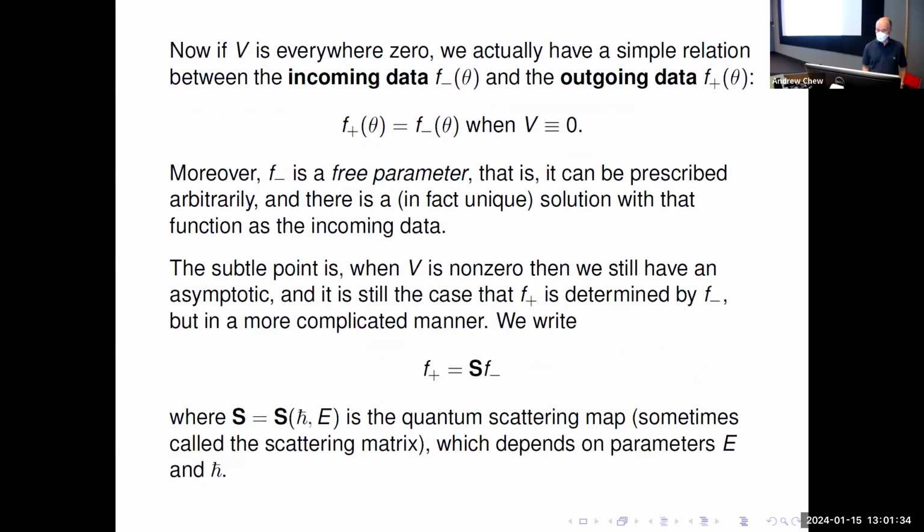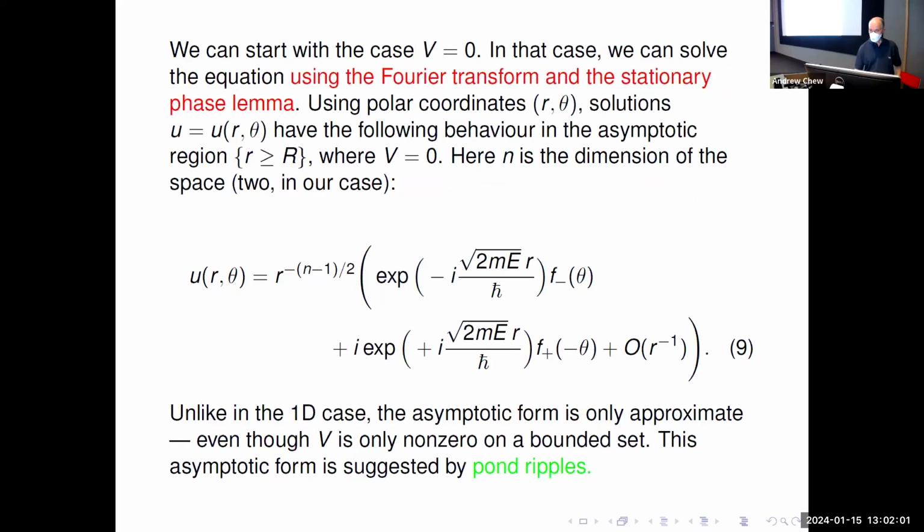And in fact, we have something called the quantum scattering map, or sometimes called the scattering matrix, which by definition is the map that takes F minus and tells us F plus. So supposing we have a quantum mechanical situation, that is, we have a potential function V. If you give me F minus, then I can try to find the solution to Schrödinger's equation that has this asymptotic with the given F minus here.